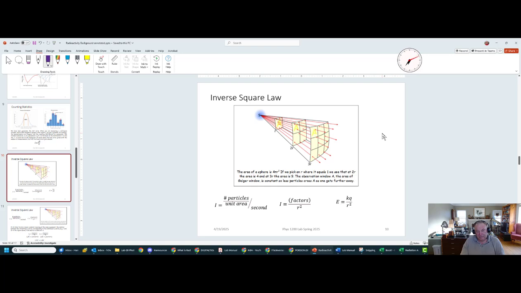Now, the reason we care about it is you imagine that square labeled capital A is the window of the Geiger counter, right?